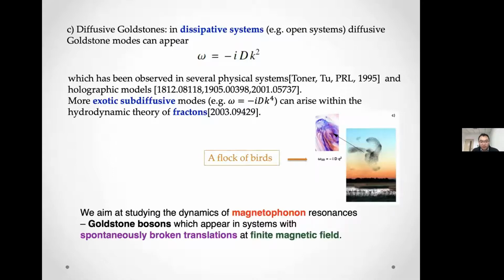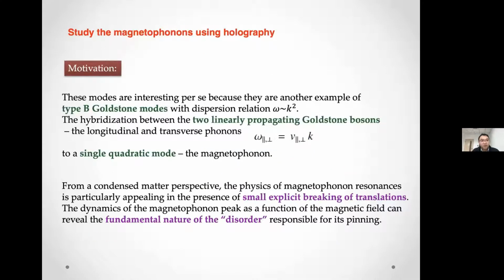In this talk, we will study the dynamics of magnetophonons. A magnetophonon is the Goldstone boson which appears in systems with spontaneously broken translation symmetry, but at a finite magnetic field. Why do we consider this? The motivation is as follows. On the one hand, these modes are very interesting because they are another example of type B Goldstone modes with a quadratic dispersion relation.